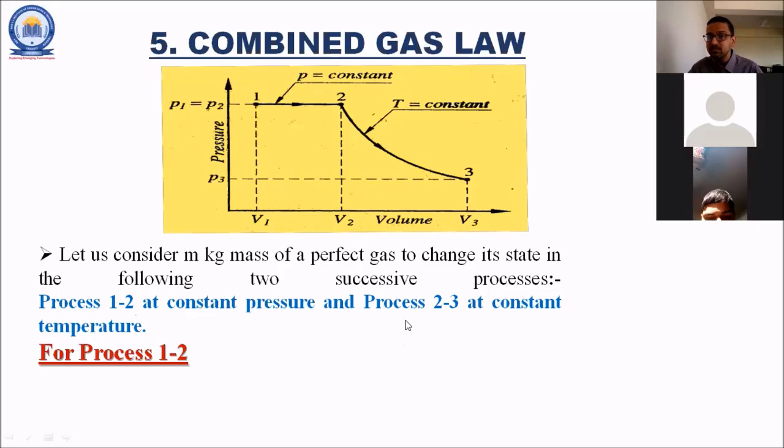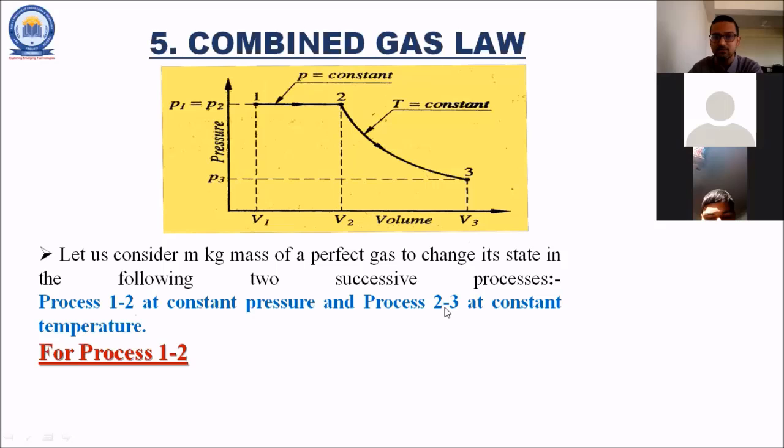And next we are considering process 2 to 3, which is taking place at constant temperature conditions. So friends, for process 1 to 2, at constant pressure, which gas law can we apply? Charles' law. Okay, very good. That is the perfect answer.